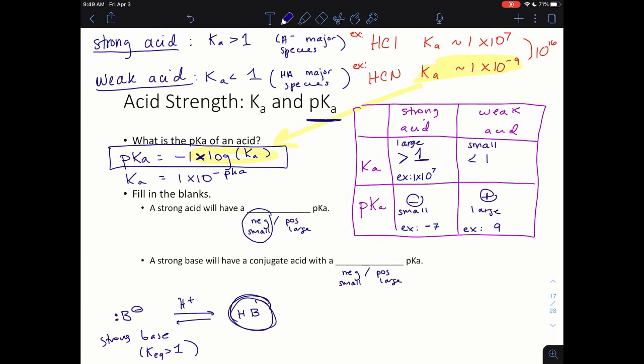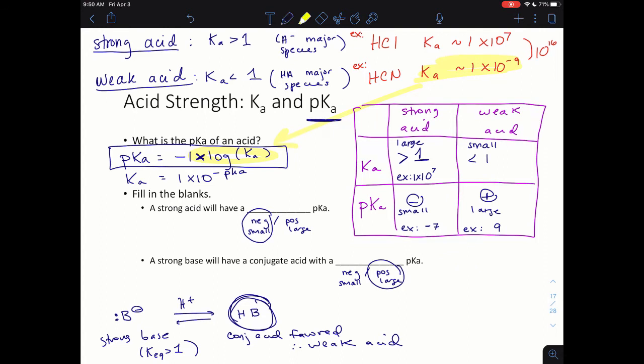If the conjugate acid is favored at equilibrium, that means this conjugate acid doesn't donate a lot of protons, right? The reverse reaction doesn't happen a lot. So that means this conjugate acid, if it's favored, must be a weak acid. And weak acids have what types of pKa's? They have large pKa's, or positive.